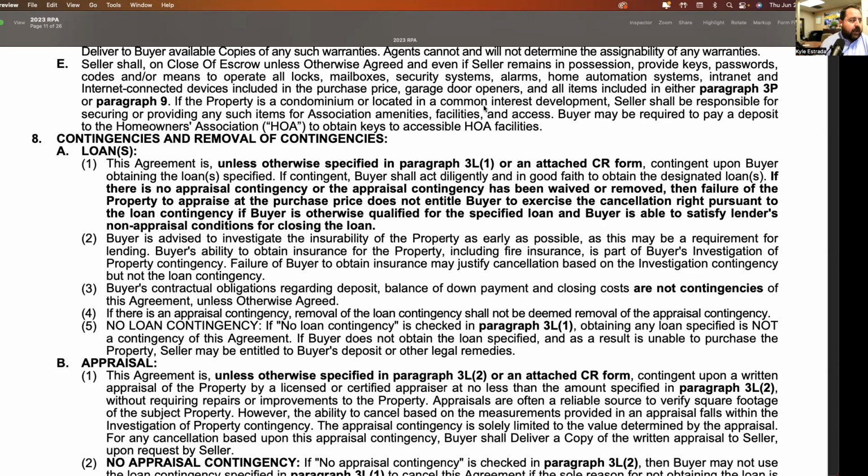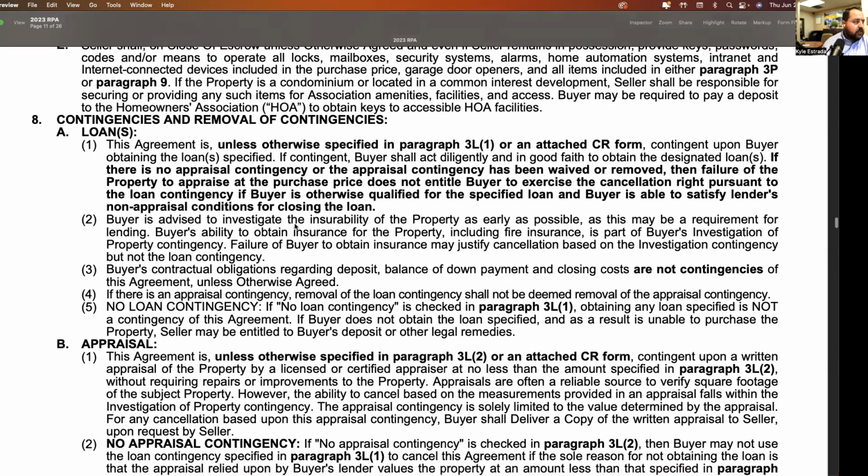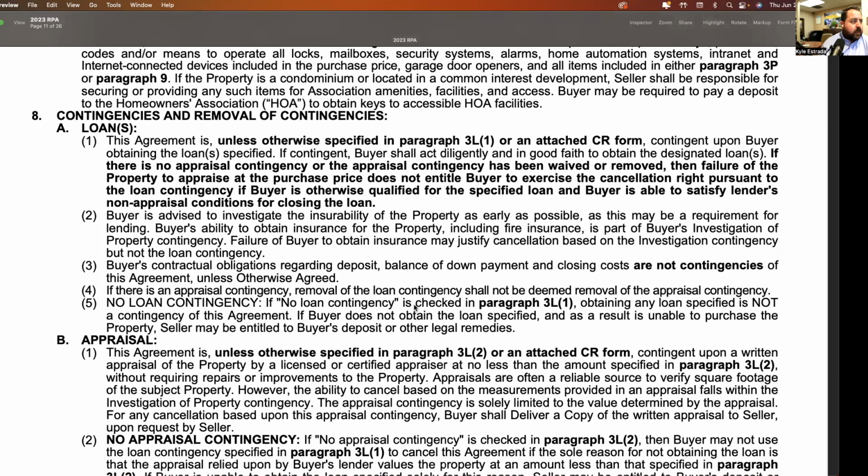Okay, all right. Let's see what we got here. Buyer is advised to investigate the insurability of the property as early as possible, as this may be a requirement for lending. We all know that it is. Buyer's ability to obtain insurance for the property, including fire insurance, is part of buyer's investigation of property contingency. Failure of buyer to obtain insurance may justify cancellation based on the investigation contingency, but not the loan contingency.